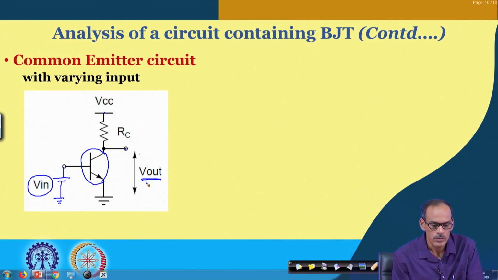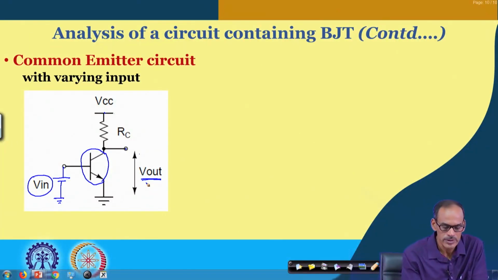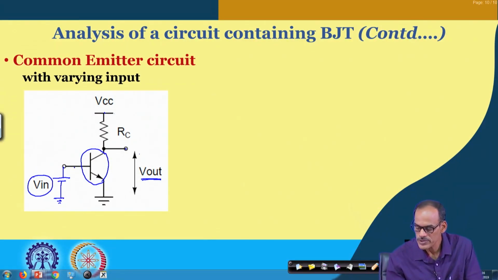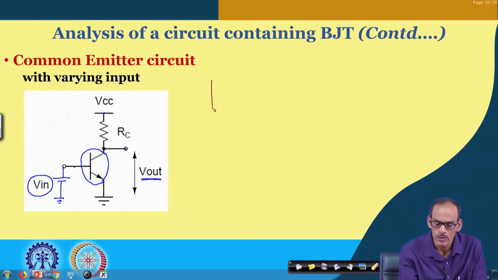Now, we have discussed what will happen for a given voltage at the base. In case the voltage is directly coming to the base, at the base side we have the IV characteristic. That gives us basically the base current.